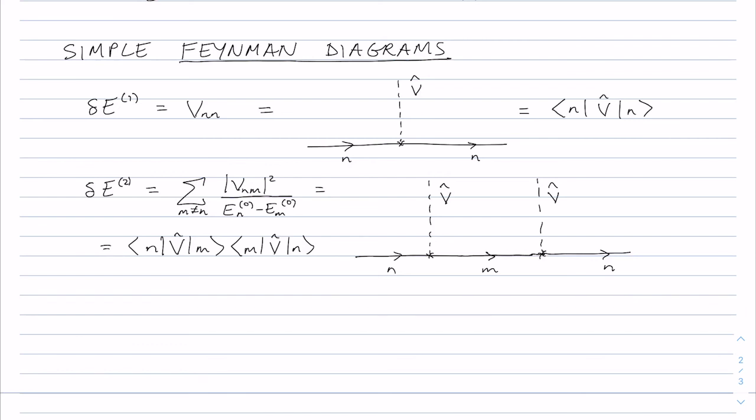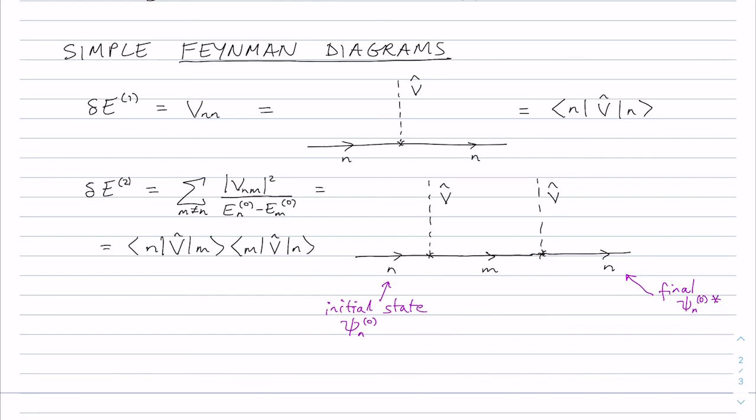So I've got the initial state, psi n 0. I have a final state over here, psi n naught star.